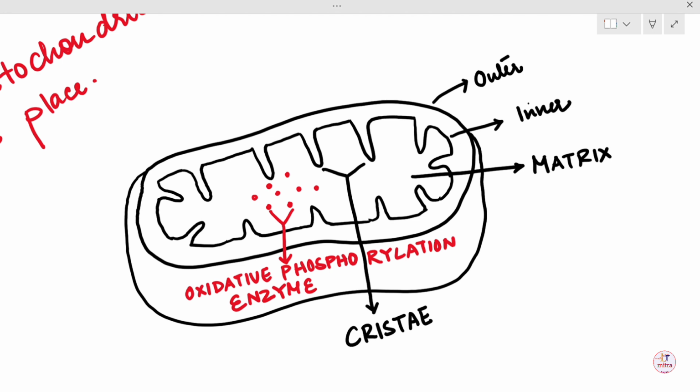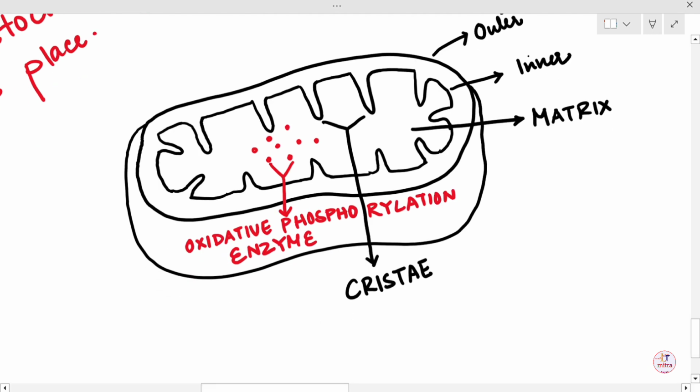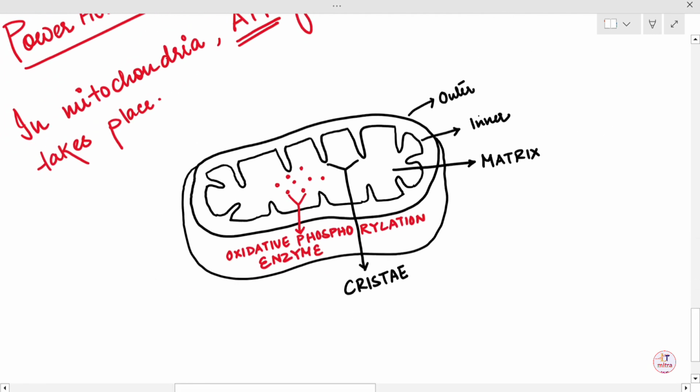These enzymes are responsible for the biochemical reactions to synthesize ATP. Okay, fine. So this is the diagram of the mitochondria, the structure.